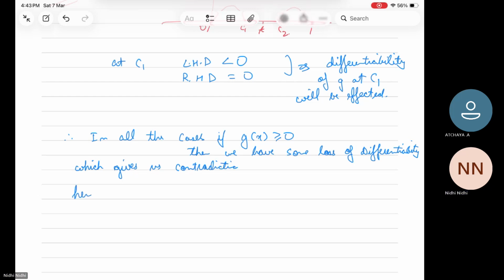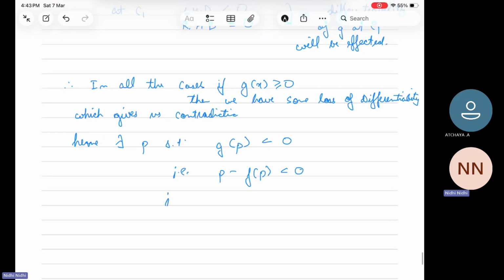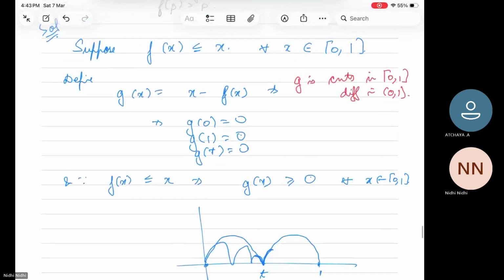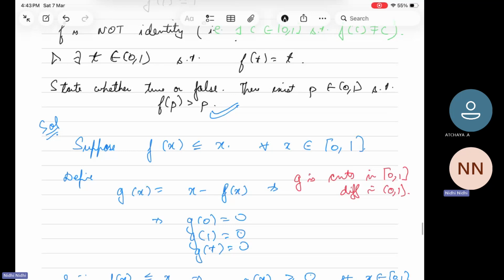Hence, there exists some p such that g(p) is strictly less than 0. That is, p minus f(p) is strictly less than 0. That is, p is strictly less than f(p). That's what they were saying. That means their statement was true.